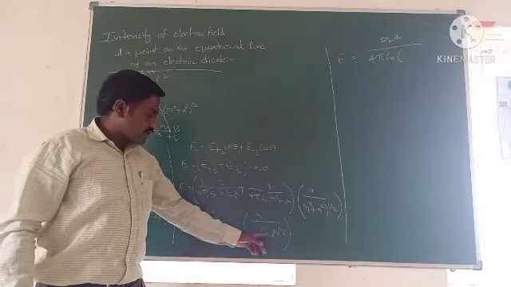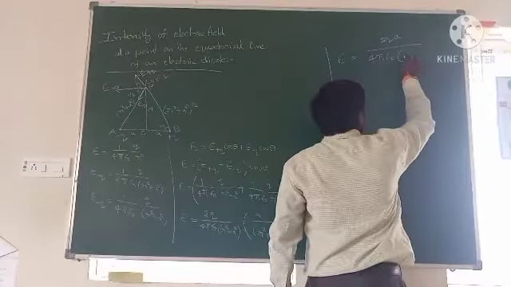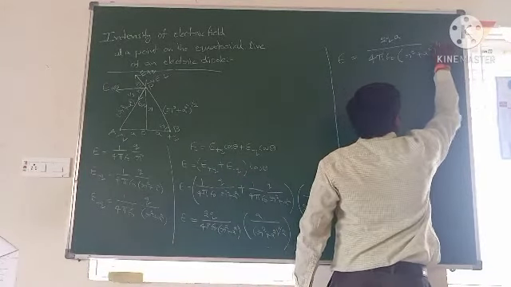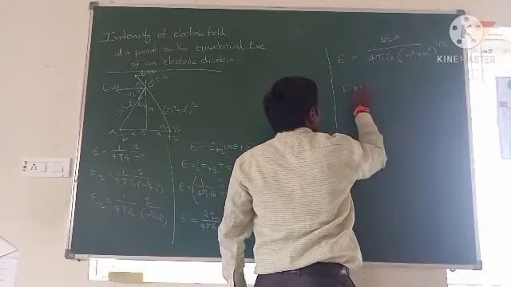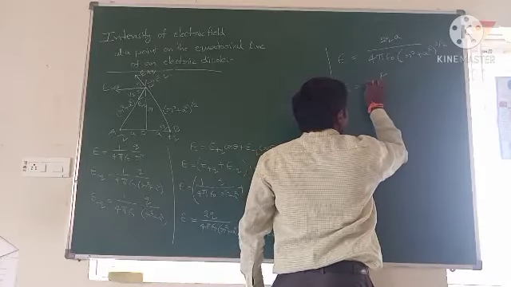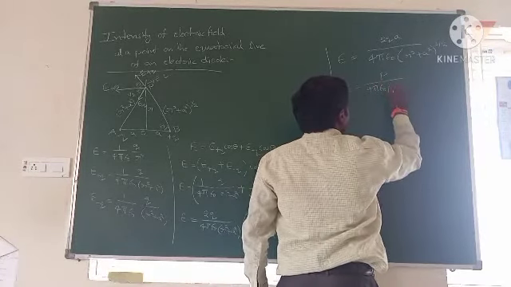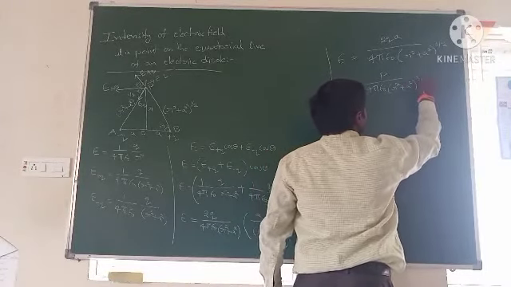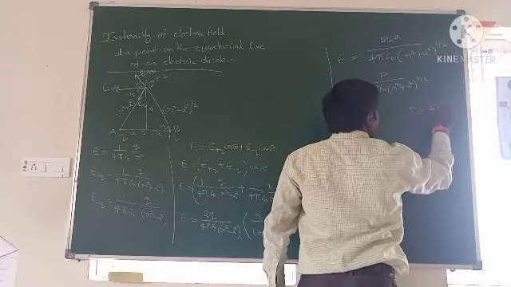Here R square plus A square over power 1 by 2. 1 by 2 plus 1 is 3 by 2, that means R square plus A square whole power 3 by 2. And this 2QA can be written as what? Dipole moment p by 4 pi epsilon naught R square plus A square whole power 3 by 2, where p equals what? 2QA.